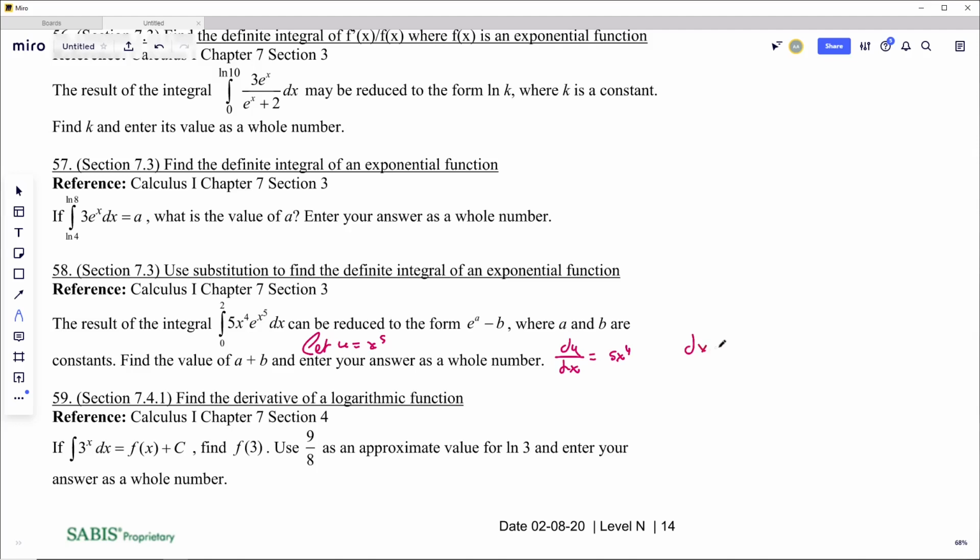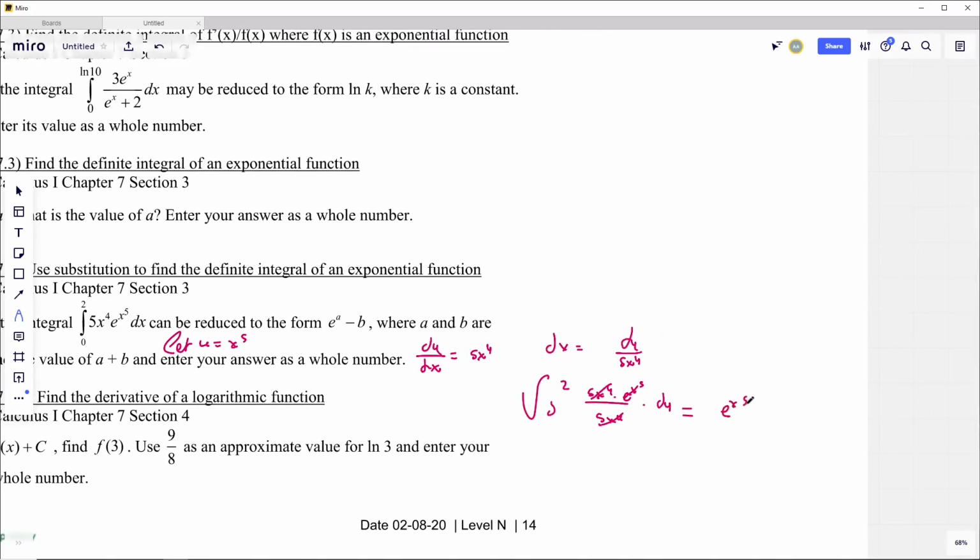So dx is du over 5x to the power 4, and this is why they cancel, because the integration from 0 to 2 of 5x to the power 4 times e to the x to the power 5 over 5x to the power 4 times du, these cancel, and this is why we got what we got last time. Oh sorry, I didn't replace, we said let u, so this is u. So now it gives you the same integration, and then just substitute it back.